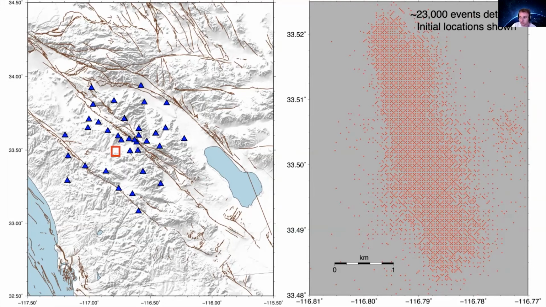We use a form of waveform cross correlation to measure the relative lag time between different waveforms, and an algorithm called GrowClust, which is basically a cluster-based event relocation algorithm, to shift all these around in a much more precise way.